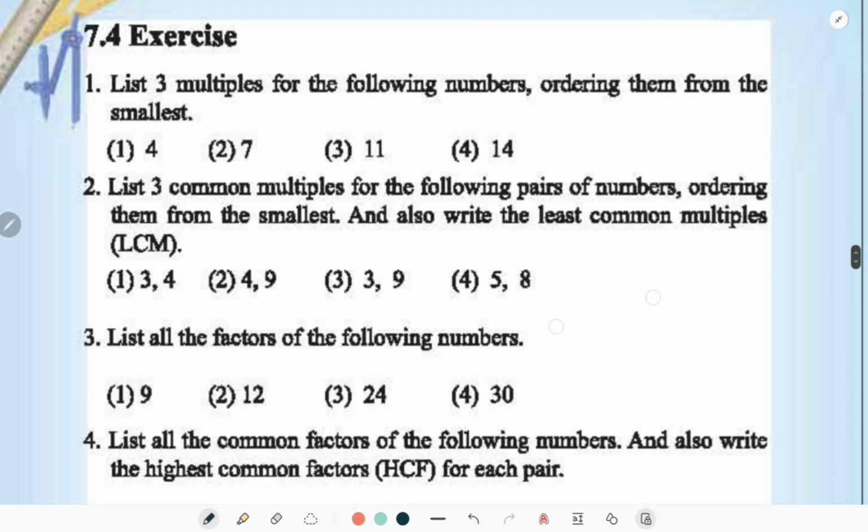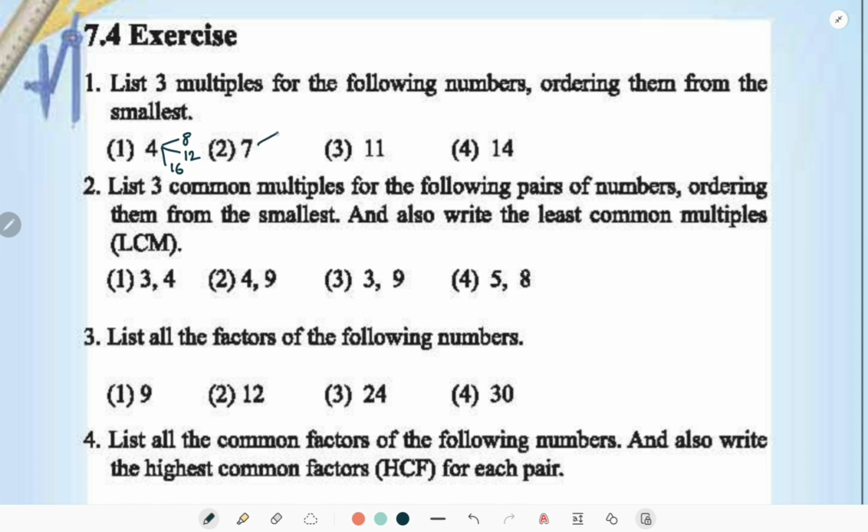Now let's see the exercise. List 3 multiples for the following number, ordering them from the smallest. Okay, it is like number table. For 4, we can start from 4 into 2. Okay, 4 into 2 is 8, 4 into 3 is 12, 4 into 4 is 16.